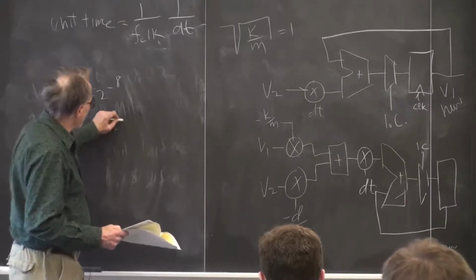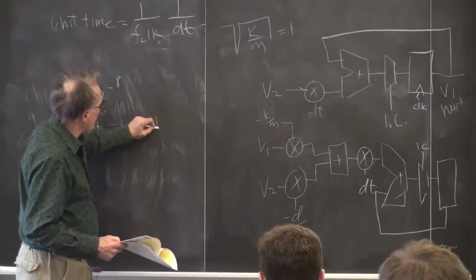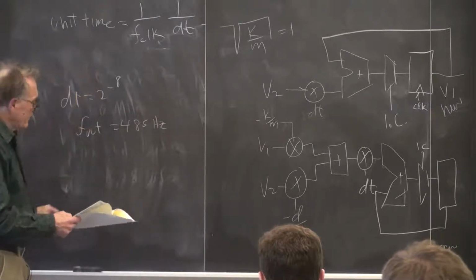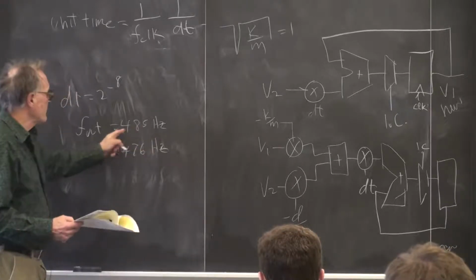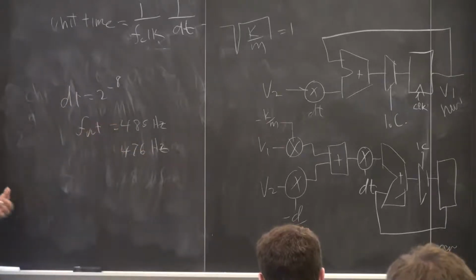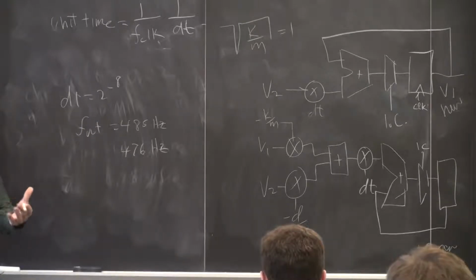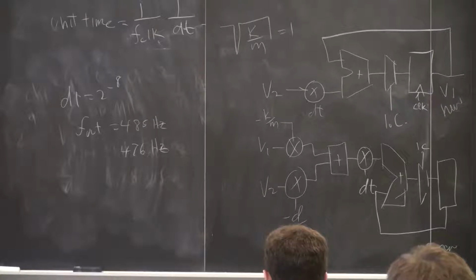I calculated f out should be 485 hertz, and I measured it at 476 hertz. So the natural frequency, the eigenvalue of the system, had shifted a little bit. How much? About 10 out of 400, so that's about 2.5%.